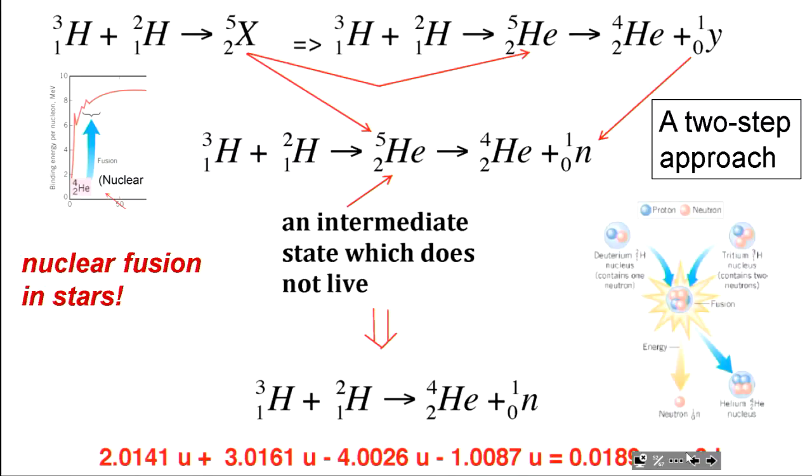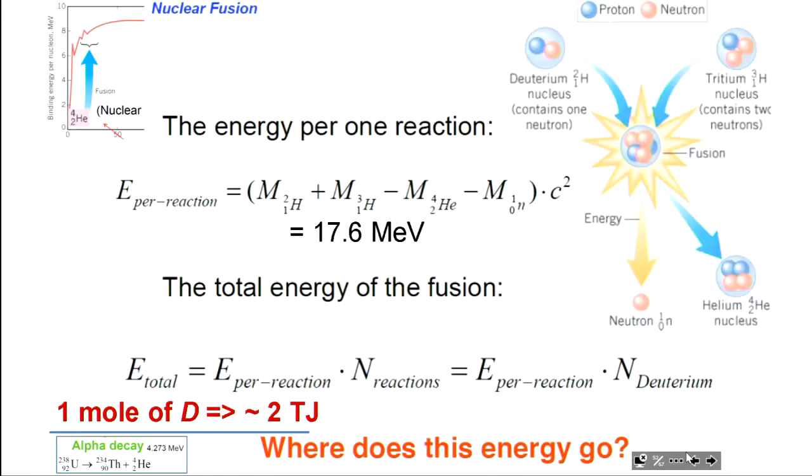And the amount of energy is so large that 1 mole of deuterium, the isotope of hydrogen, would give us 2 times 10 to the 12 joules of energy. Unfortunately, so far, we cannot manage this reaction.